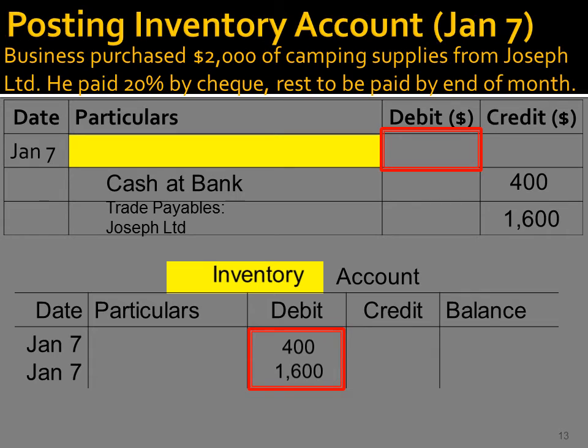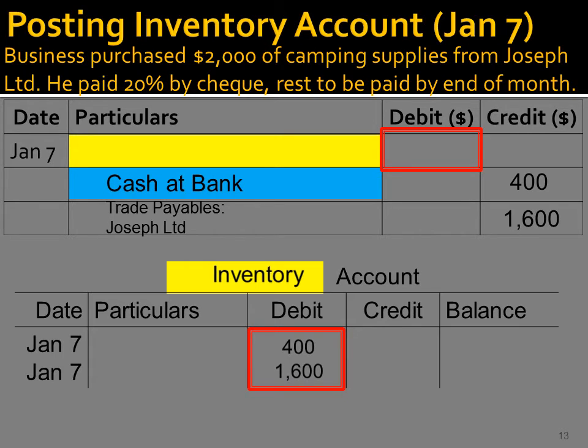The reason why we are not posting $2,000 as a lump sum is because when we are going to do step 3, the reason as to why we are debiting the inventory account by $2,000 is twofold. The first part has got to do with the inventory being bought and paid by check.